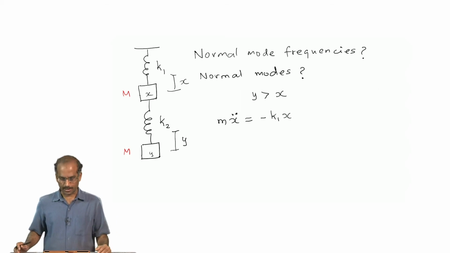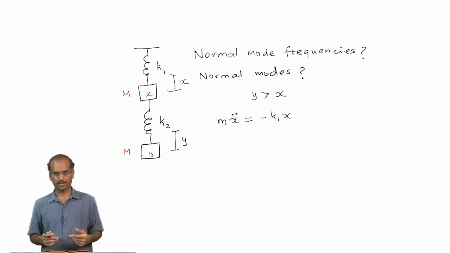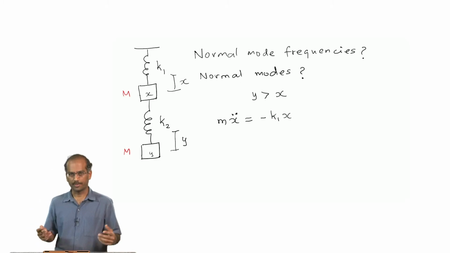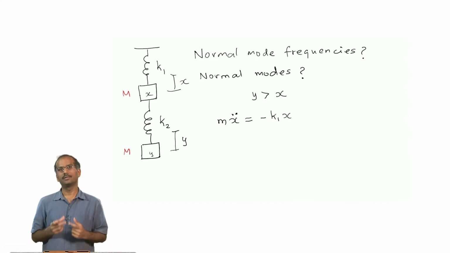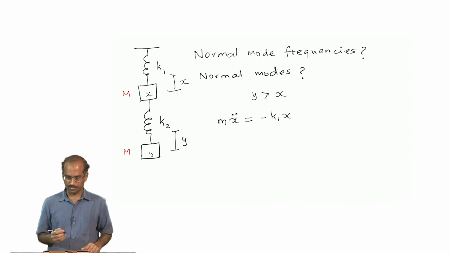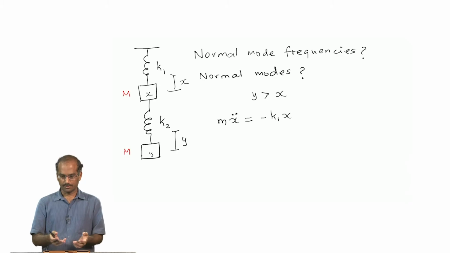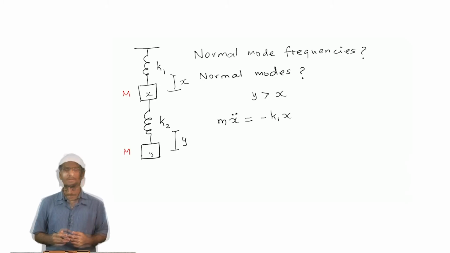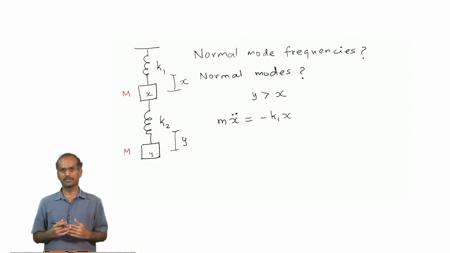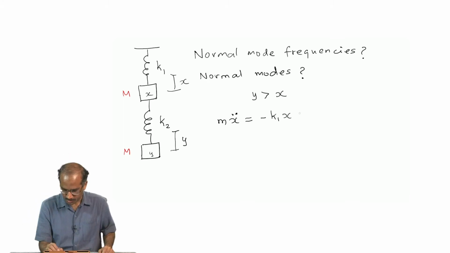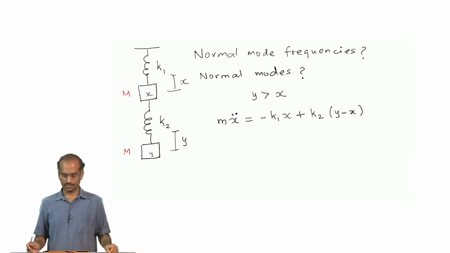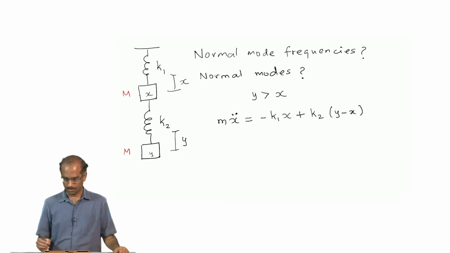There would also be a force that arises from the second spring, the spring with spring constant k2. In this case, the net compression or the elongation of the spring would be y minus x. We have assumed y is greater than x, which would mean that the second spring is compressed. So, the second spring will push the first block forward, in which case I should write the second term with the plus sign. That would be the equation of motion for the first block.